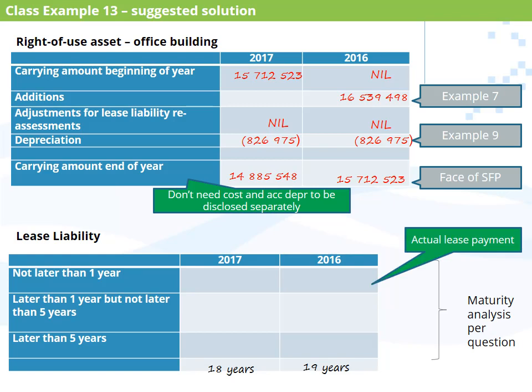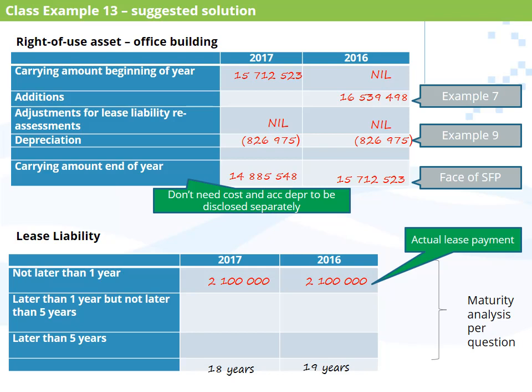Now remember, the lease installment was 2.4 million rand a year, but 300,000 rand of that related to maintenance expenses, which is a non-lease component. So the lease component installment was 2.1 million rand, and that is what is payable for the next year in 2016 and in 2017. This is the actual capital plus the interest.